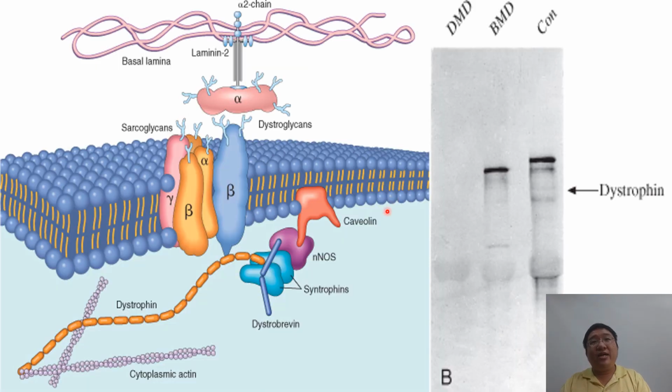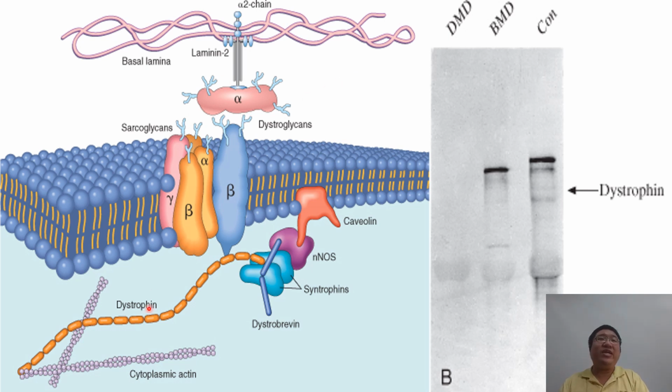So here, the dystrophin glycoprotein complex. There are a lot of proteins involved in this complex. This complex links between the cytoplasm and the extracellular matrix, so it allows crosstalk between them. When there is muscle contraction, the adjacent connective tissue must allow the muscle to do so.